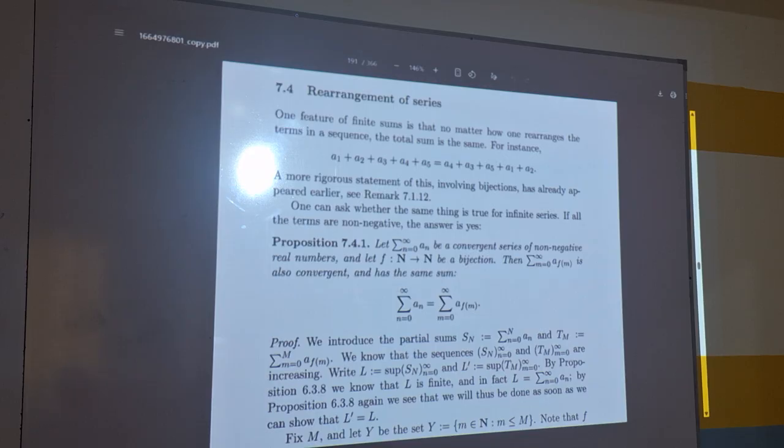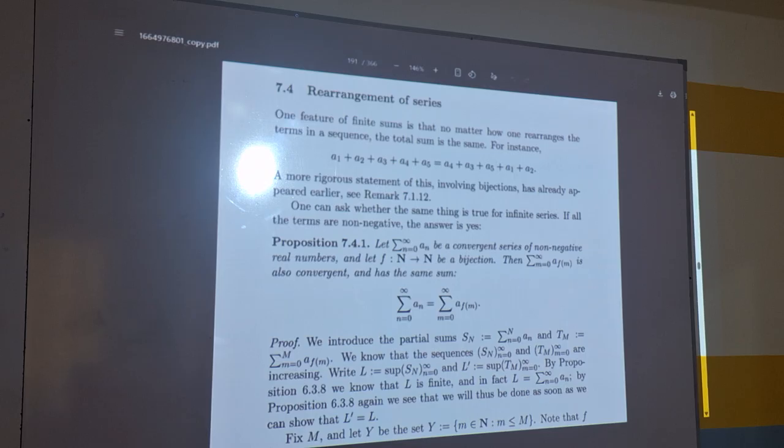The 7.4.1 theorem says if each term is non-negative, rearrangements won't change the sum. The 7.4.3 theorem says if the series is absolutely convergent, then rearrangements won't change the sum. It says two things: by taking a rearrangement, you get a convergent series, and the infinite sum won't change. So that is a very important one.